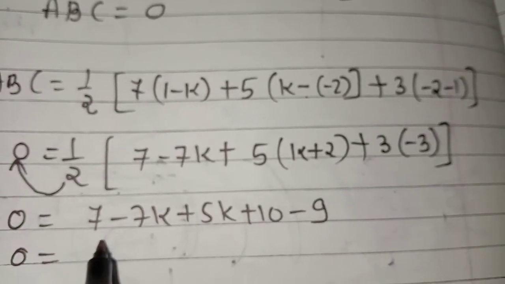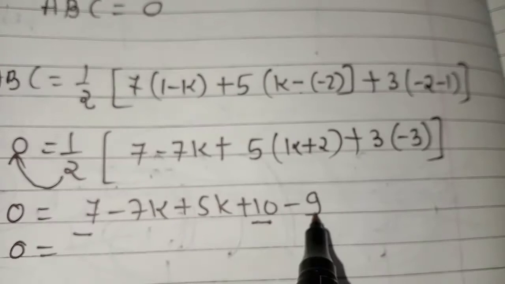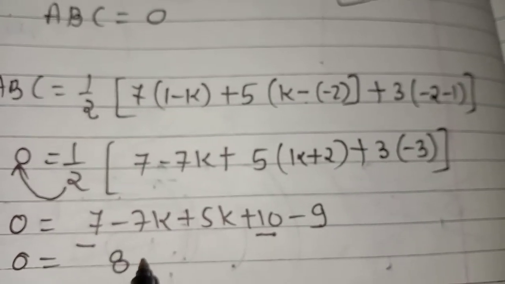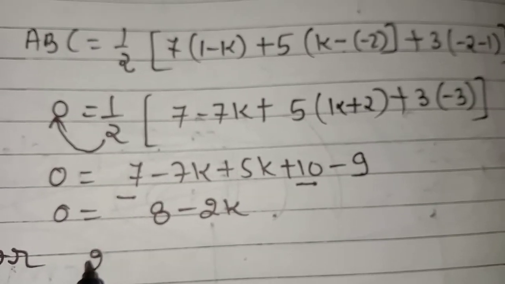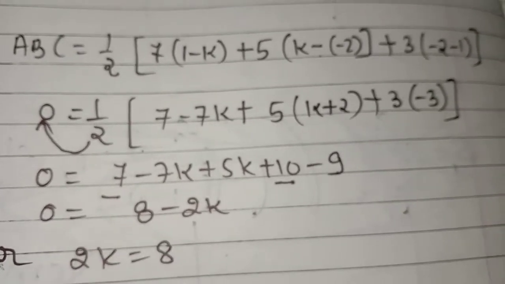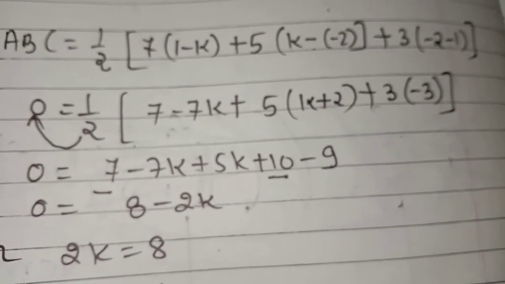So 0 is equal to 7 and 10, 17 minus 9, it is 8, and minus 2k. Or I can write 2k is equal to 8, so the value of k is equal to 4.